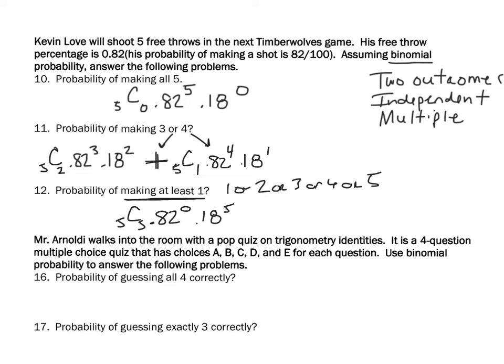And if this is the probability of making 0, making at least 1 is the complement of that. So I'm going to subtract all of this from 1. And I'll come back and do a few of these using the calculator, but I'm just setting these up. The calculator, you would just type them in exactly the way I have demonstrated these.